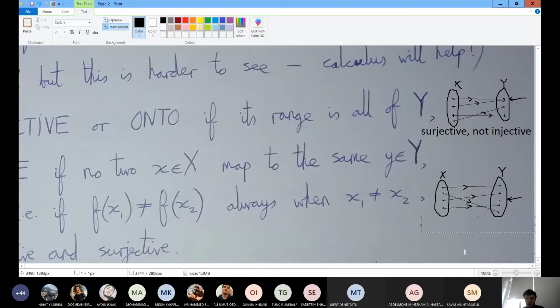And finally, we say that a function is bijective if it is both injective and surjective. So I'll draw quickly an example of that.